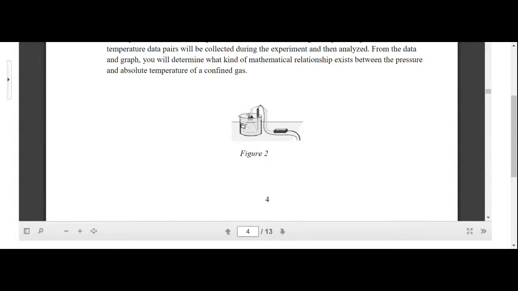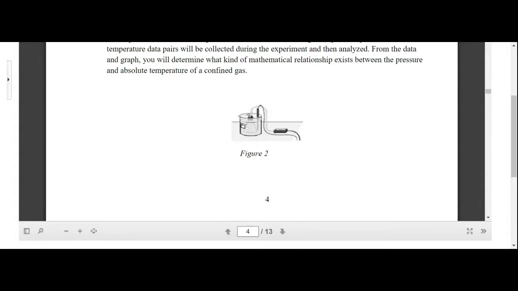The glass is not going to be changing volume, because if the volume of the glass changes, the glass would shatter. So the volume is going to stay the same. The number of particles, which is the number of moles of air inside the flask, is going to stay the same.